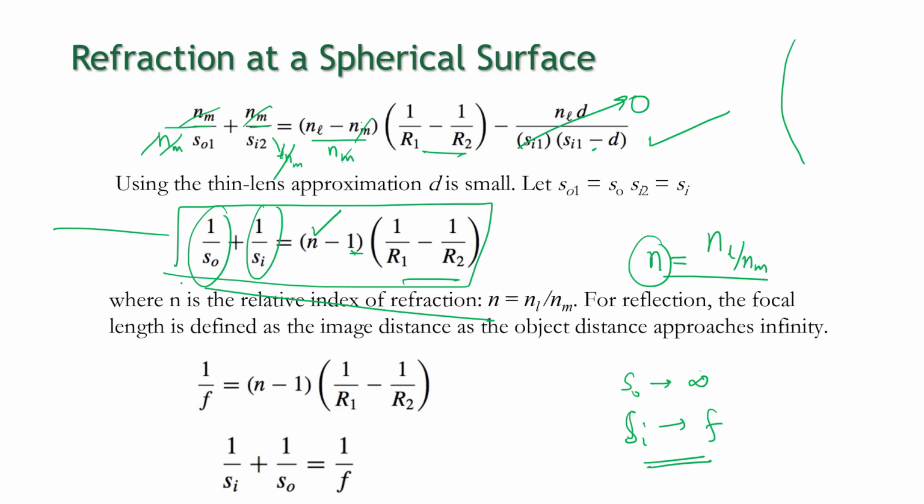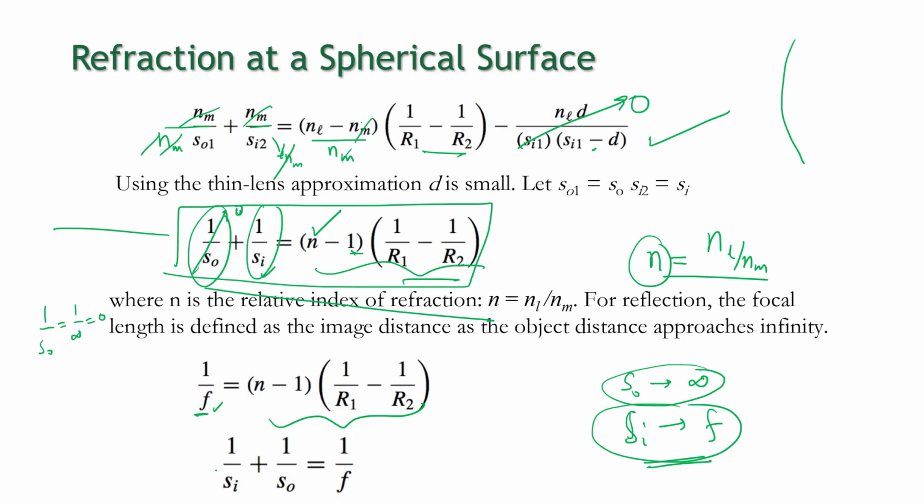So that means when the object is at infinity, 1 over S naught would be 0. So that goes to 0, and then this would be 1 over F, because whenever the object is at infinity, the image is formed at the focal point. That's the object distance, image distance, and this right side is as it is.